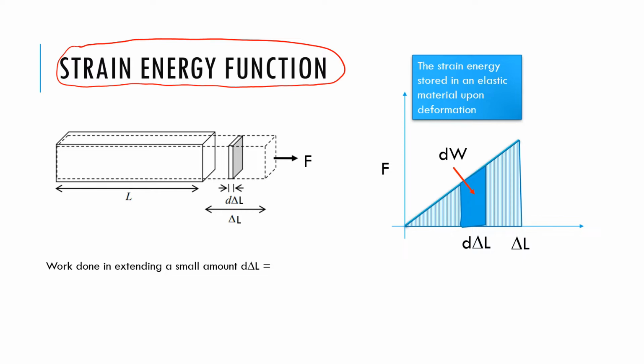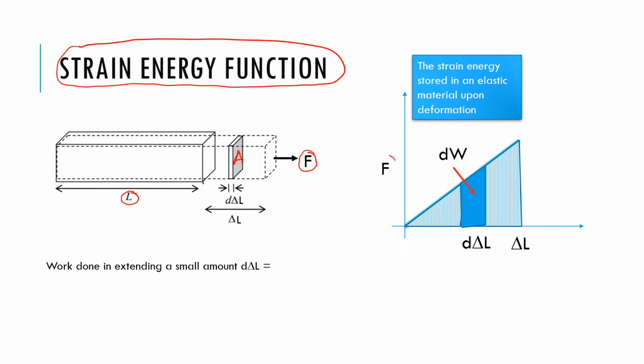Okay, and so suppose we have a bar of length L and cross-sectional area of A, and then we apply an increasing force. So it starts from there and I keep increasing the force.